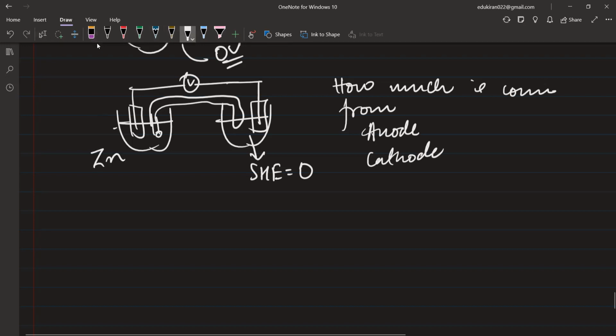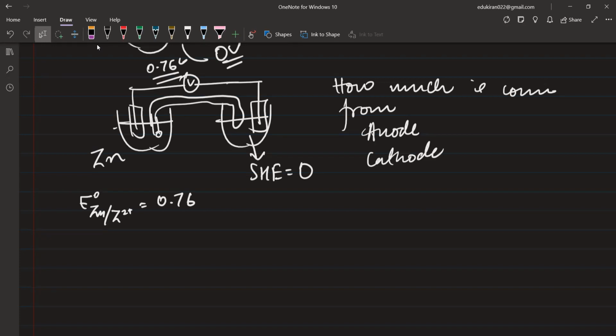ठीक है? अब वोल्ट मीटर में देखा तो हमारे पास निकल के आया 0.76 वोल्ट्स. ठीक है? Got it guys? Yes or no? Please tell me. Yes, sir. Yes. अब यहाँ से इन्होंने बोला ओके, that means we can say that E naught of Zn to Zn2+ is equal to 0.76 volt. यानी कि जब जिंक का ऑक्सीडेशन होता है तो हमको कितनी इलेक्ट्रिसिटी मिलती है? 0.76 वोल्ट्स. ठीक है?